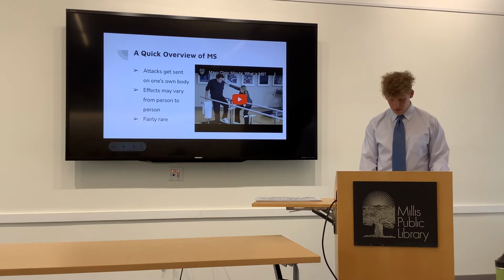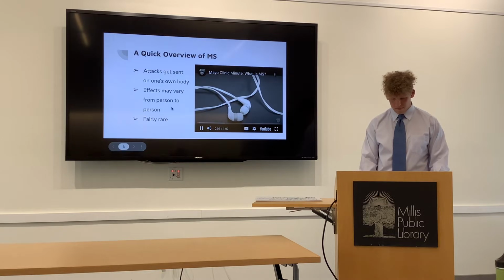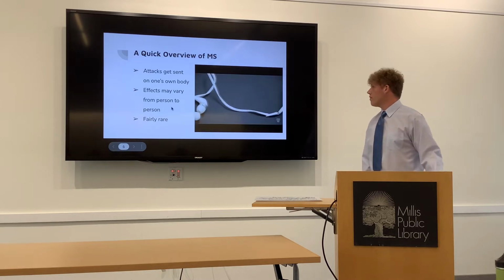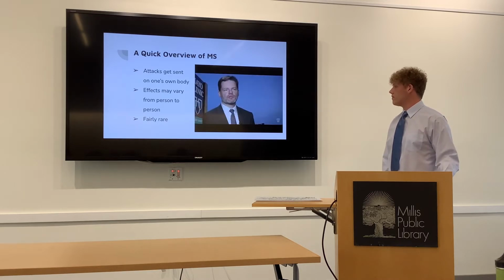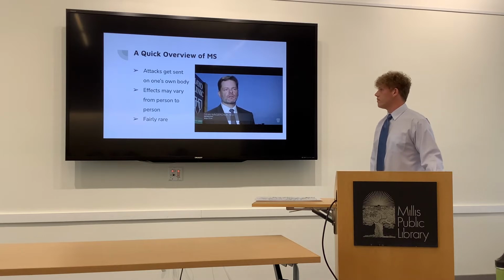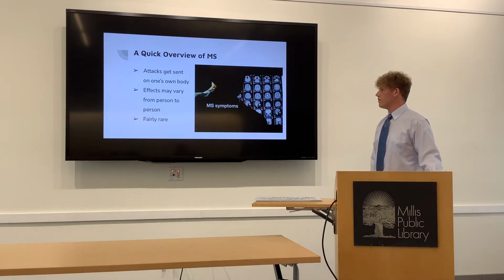And I'll just play this video really quick. Imagine this headphone cord represents a normal nerve. This is what that same nerve might look like after the protective covering is damaged by multiple sclerosis. Something triggers this attack, and then intermittently it flares up and causes damage to the actual nerves within the brain and the spinal cord. Neurologist Dr. Dean Wingerchuk says MS symptoms can vary depending on the location of the nerve damage.